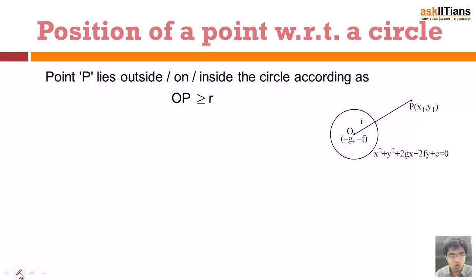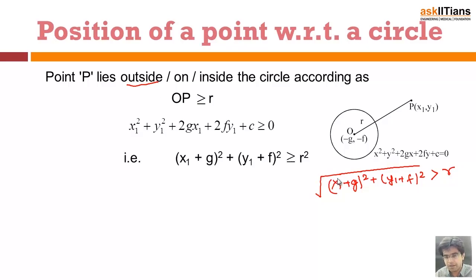OP is nothing but the square root of (x1 plus g) square plus (y1 plus f) square. If the distance between the center and this point P is greater than the radius, that means I can say that the point lies outside the circle. So if OP is greater than R, then the point will be outside the circle.